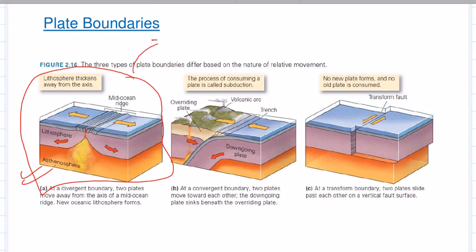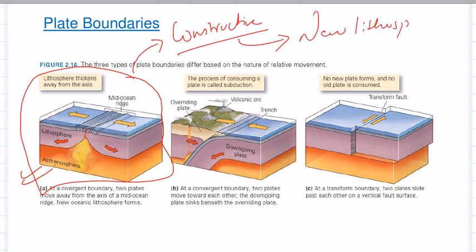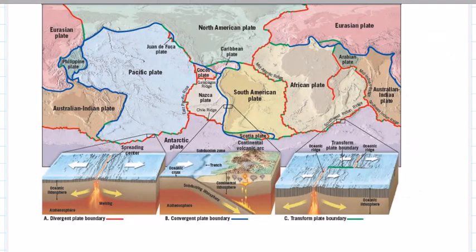This is also known as a constructive plate boundary. Why is it called constructive? Because new lithosphere is created here. The two plates are moving apart, the magma is reaching towards the surface and solidifying, and new ocean floor is being created in this region.